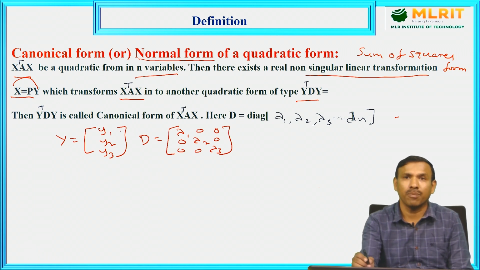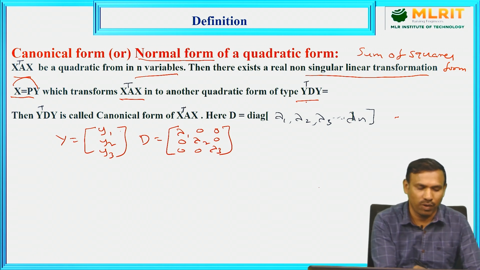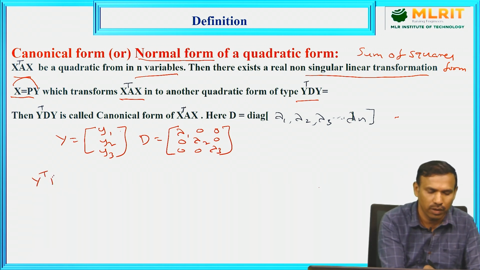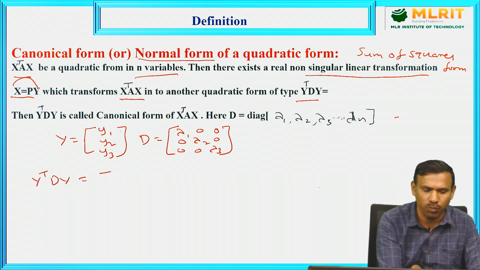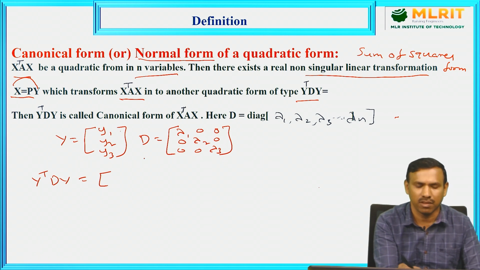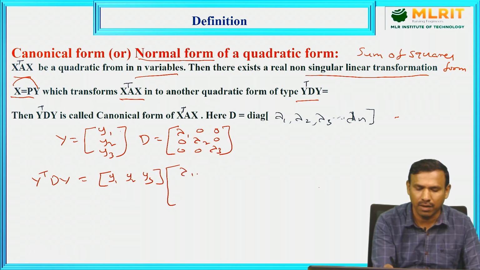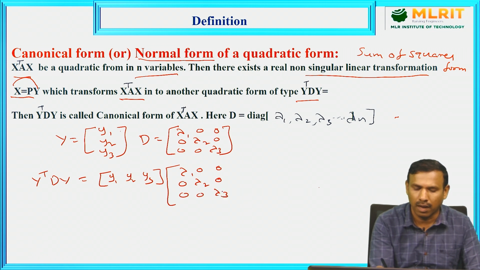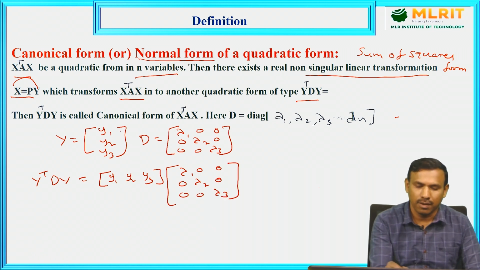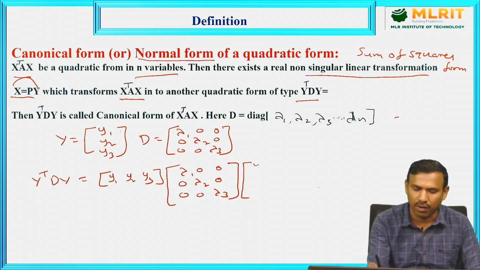If you multiply y transpose D and y, y transpose means the column vector becomes a row vector, y1, y2, y3, times the diagonal matrix with lambda 1, lambda 2, lambda 3, multiplied by y, the column vector y1, y2, y3.